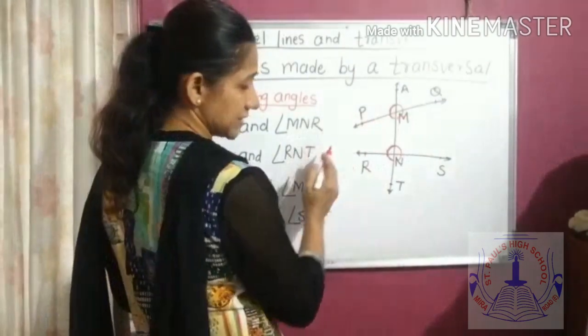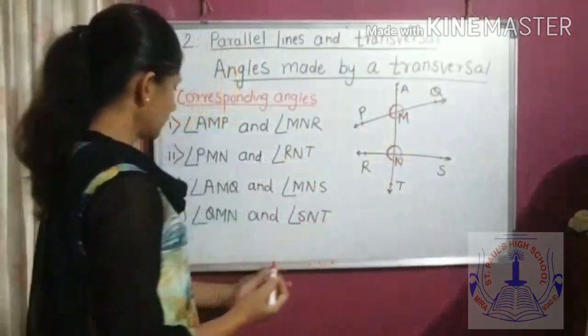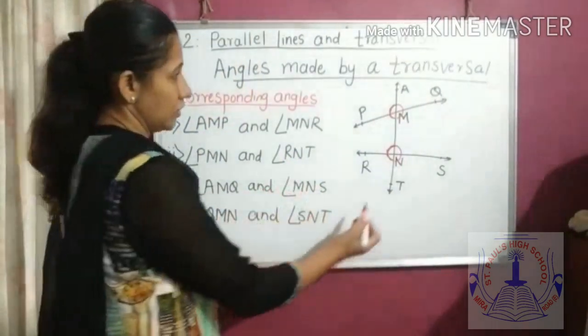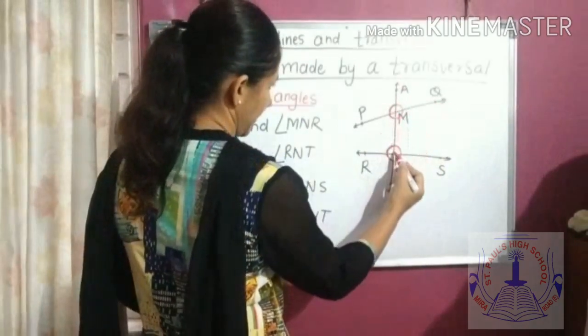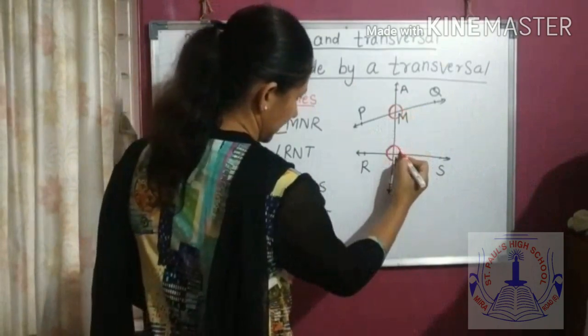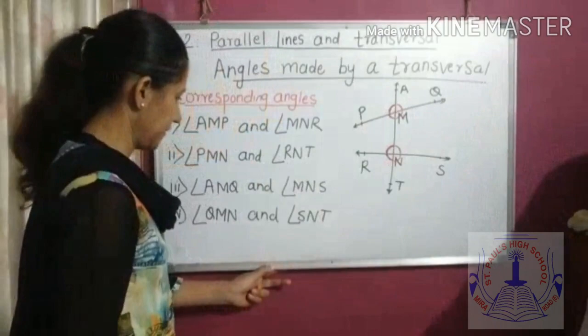If you see, they are on one side of the transversal. The next pair is angle AMQ and angle MNS. So this is the next pair of corresponding angles. Clear? Again on one side of the transversal.